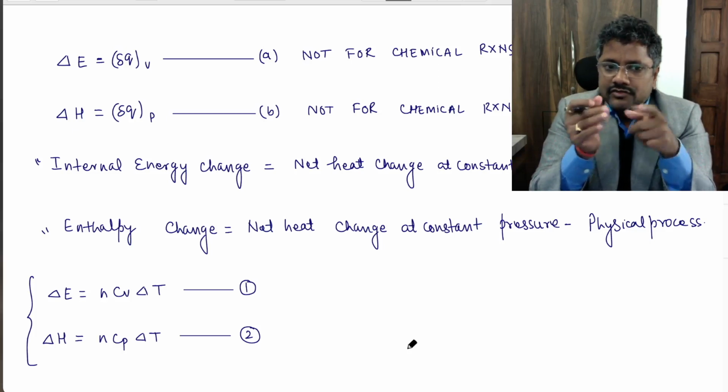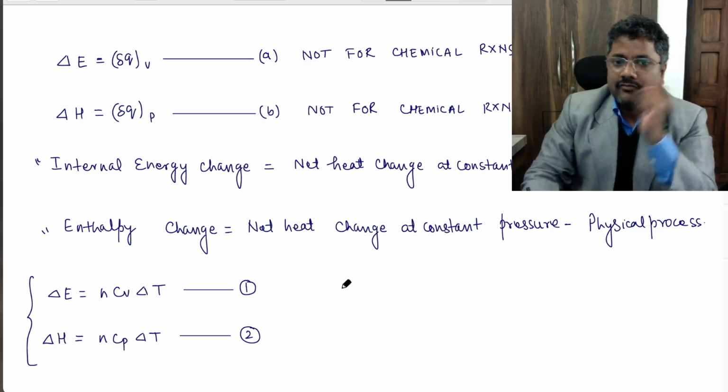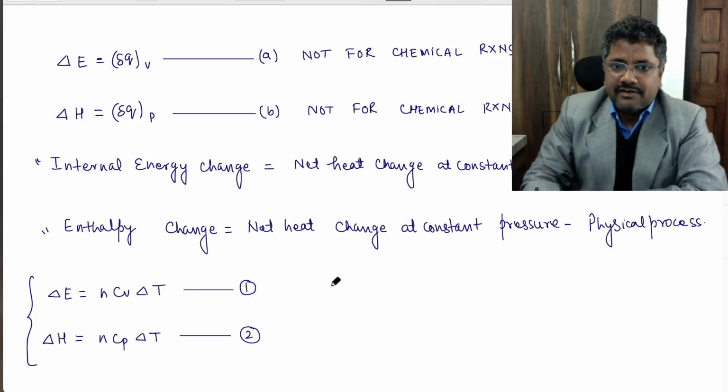right? So here you can write, for 1 mole of the gas, Cv per mole is equal to change in internal energy per unit change in temperature at constant volume.